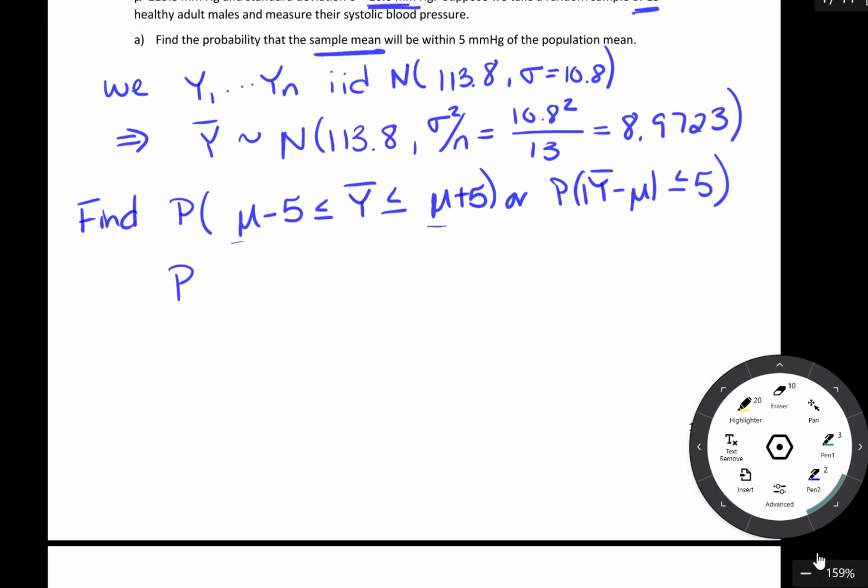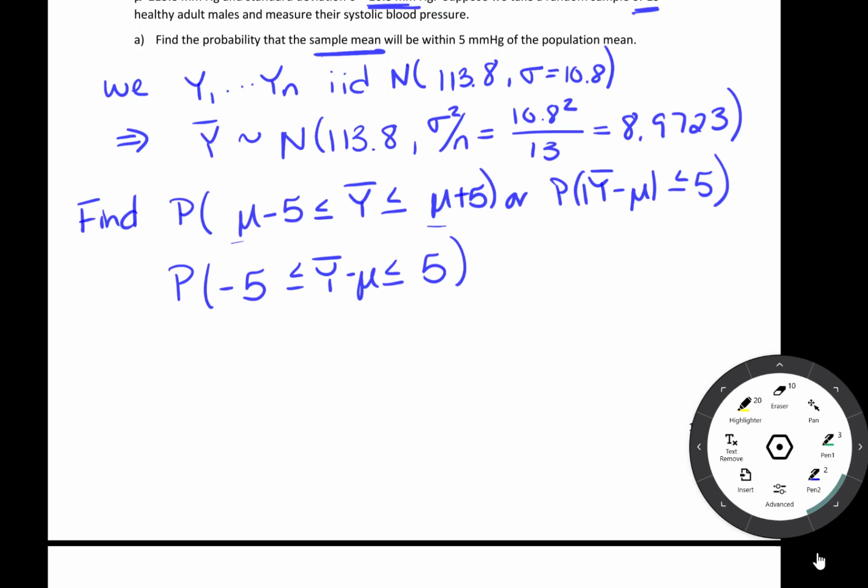So this is going to be the same as the probability that y bar minus mu is between -5 and 5. And now the piece in the middle, which is the random piece, we don't know the distribution of y bar minus mu, but we do know the distribution of y bar minus mu divided by its standard deviation.